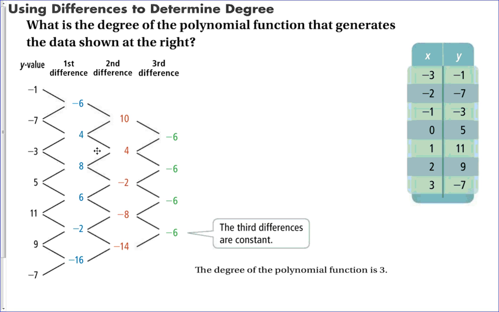So you take the difference between the y values. If those aren't the same, you take the difference again. If those aren't the same, you take the difference again. Basically, you take the difference until all the differences between the numbers are the same.